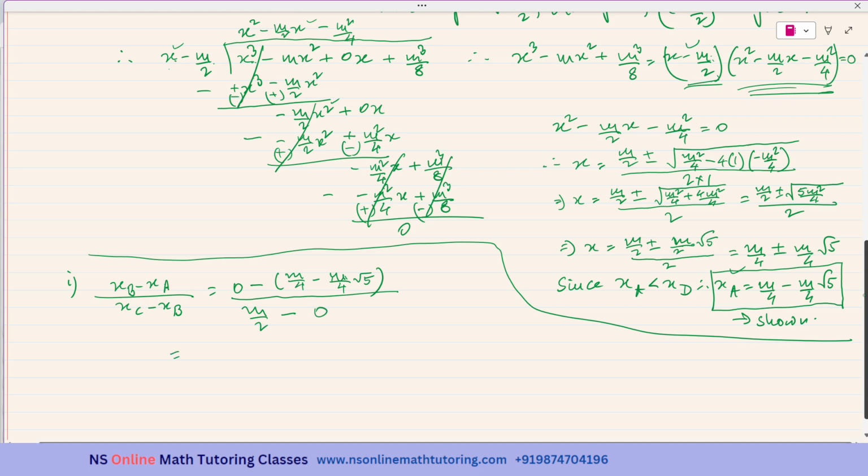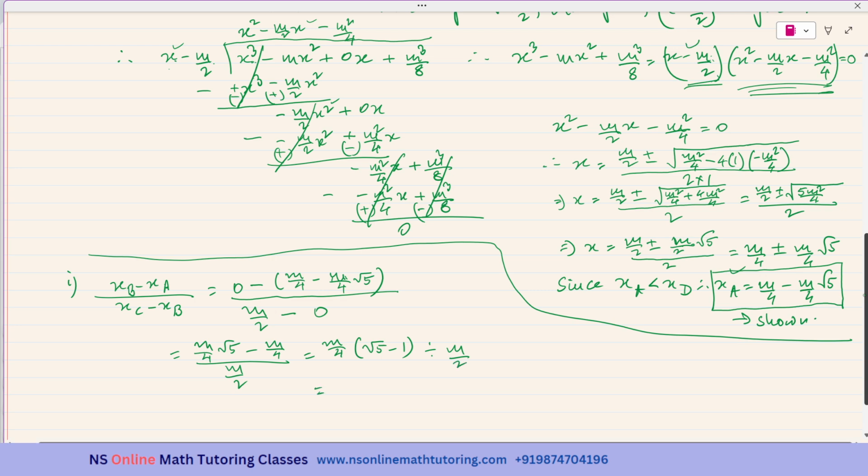So this is equal to m over 4 root 5 minus m over 4 over m over 2. So I can take out m over 4 common from the two terms of the numerator, and it is root 5 minus 1, divided by m over 2.